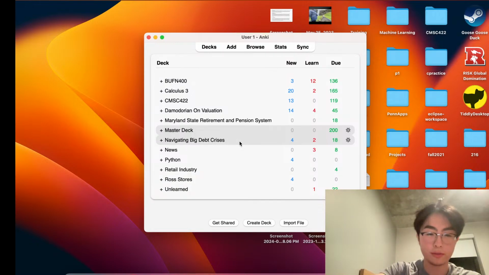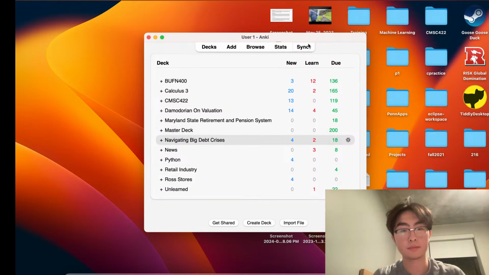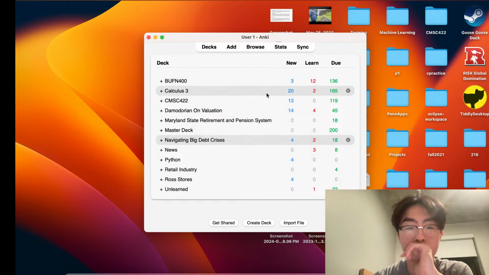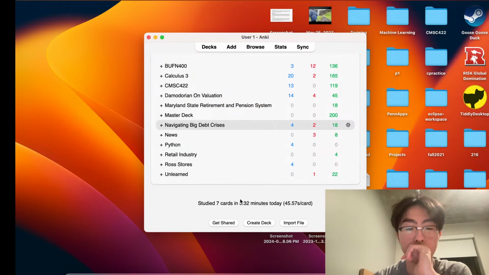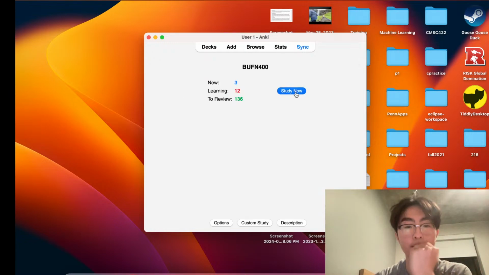I need to sync my thing on my actual phone. Let's see. Seven cards for 5 minutes today. Alright, let's just go with view then.